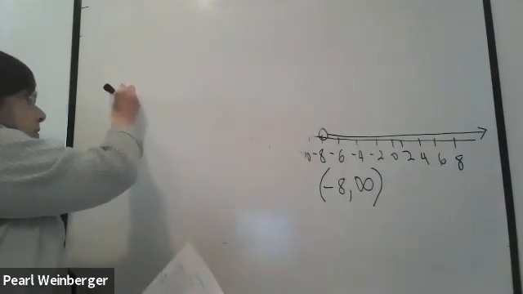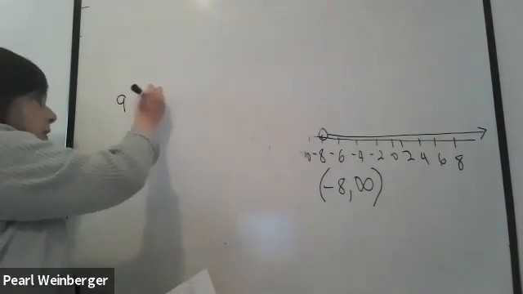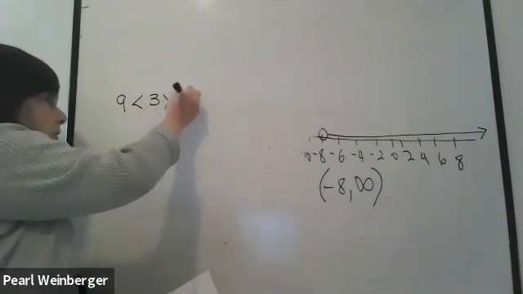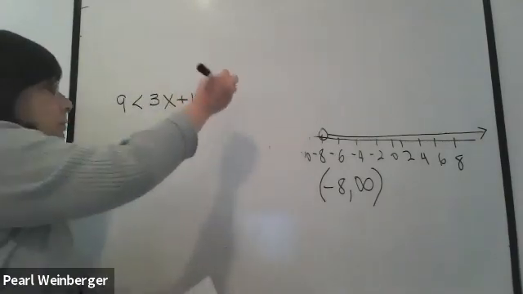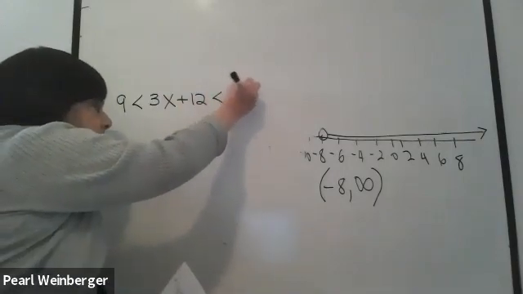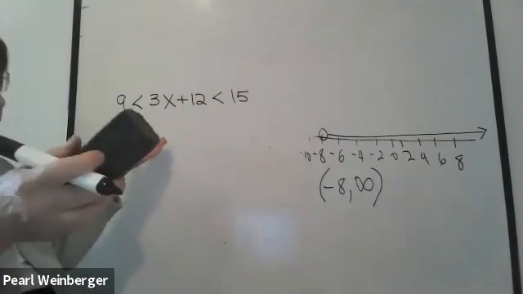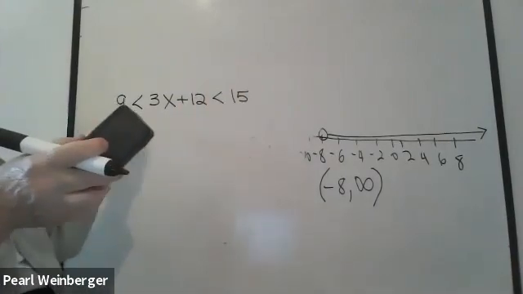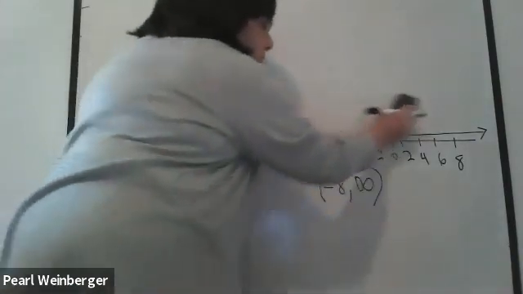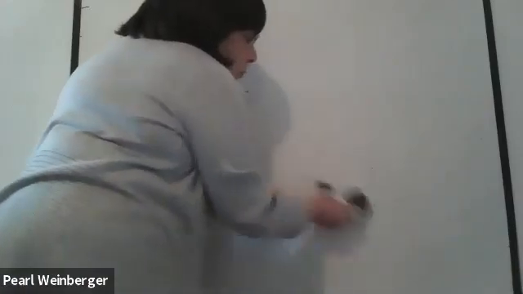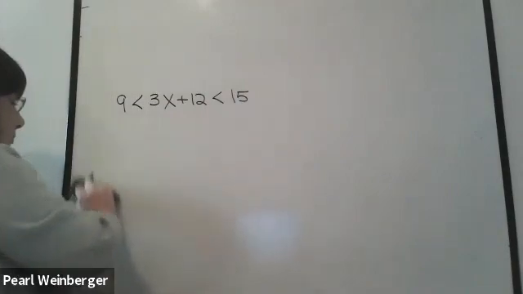Suppose I have something like this: 9 is less than 3x plus 12 is less than 15. Now this is a strange looking thing. Why would anybody ever write an equation with two inequality signs? What does it mean when we have this double inequality symbol?